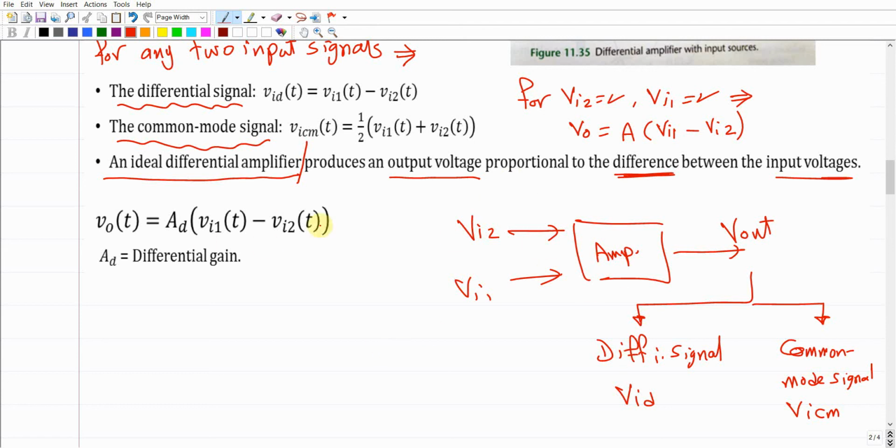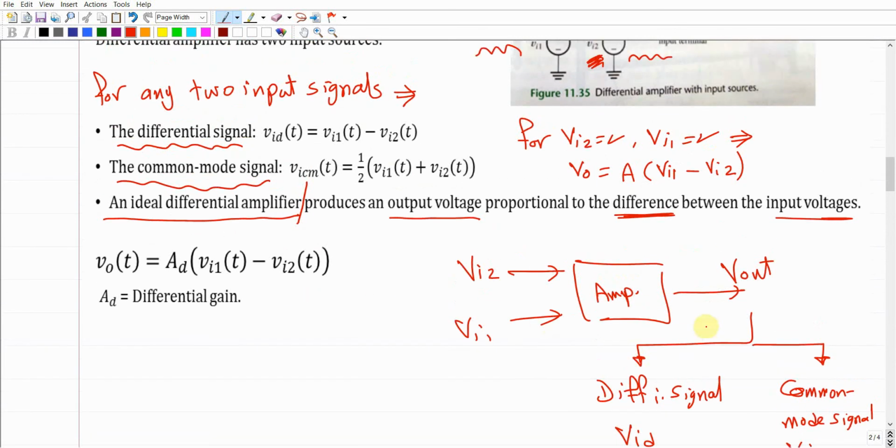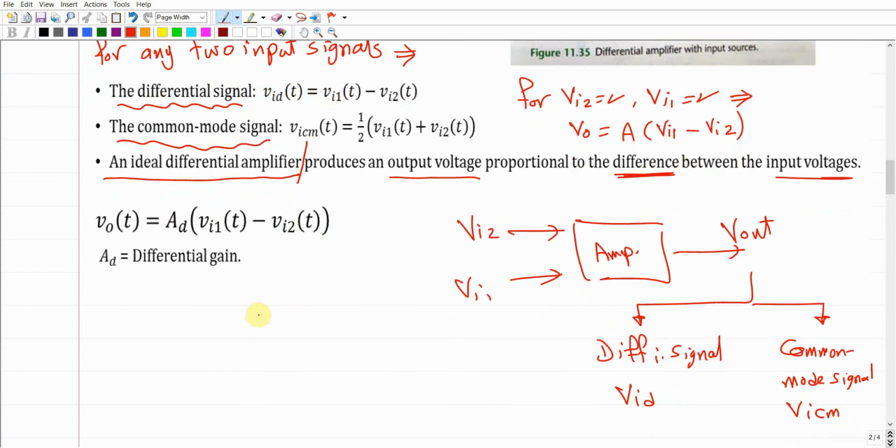Make sense? So this is the basic idea of the differential amplifier. Remember that we may have another type of amplifier that gives us the common mode signal, but the focus here is on the differential amplifier that gives us an output signal depending on the difference between the two input signals.